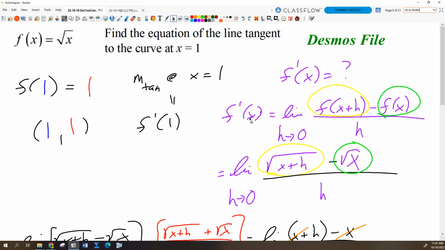That's the way I would do this problem. I would find f prime of x and then plug in 1 to find the slope of the tangent line. It's nice to have the derivative function because it's totally general. We can plug in any value of x we want. For sure, if we were going to be plugging in multiple values of x, we would definitely want to do it this way.